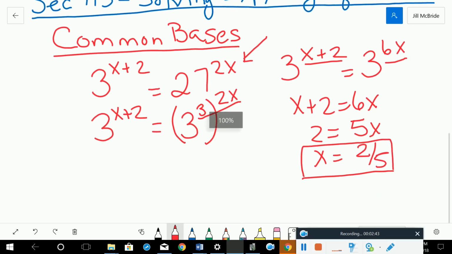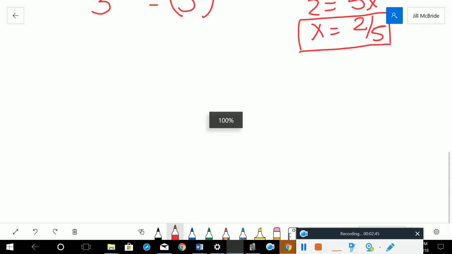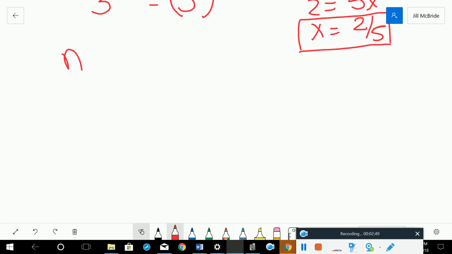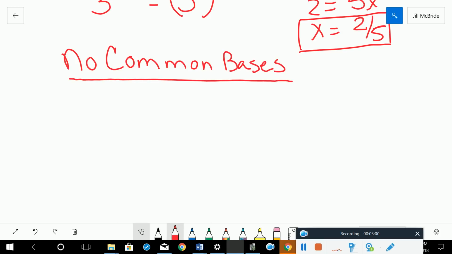Okay. Now, what happens if we can't give things common bases? That's where the development of logarithms comes in.